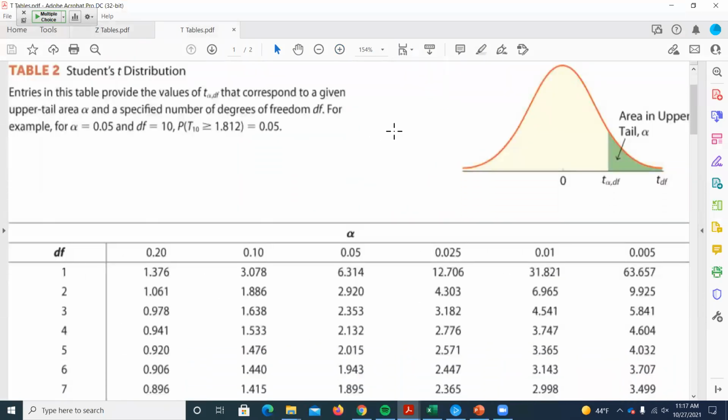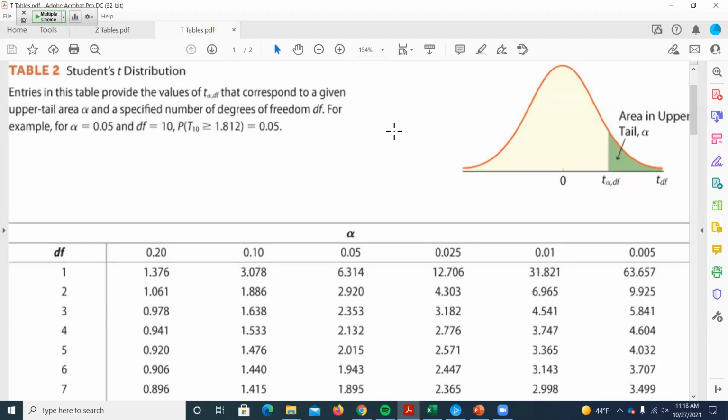It's going to work a little bit different than the standard normal table. With a student t table, the actual t values are in the middle. With the standard normal, the z values were the row and column headings, and the probabilities are in the middle of the table. With the student t table, we have the actual t values in the middle, and then the probability or area in the tail is what's on our column headings. Unlike the standard normal, the student t always looks at the right side of the distribution.